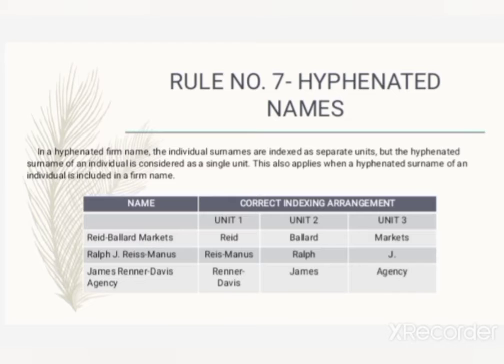In this rule, it applies when there is a hyphenated surname of an individual. For example, Red Baliard Markets. Her surname is hyphenated, so the correct indexing arrangement is that it should be a separate unit.